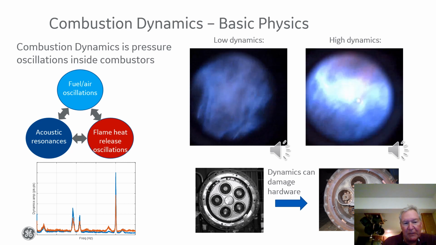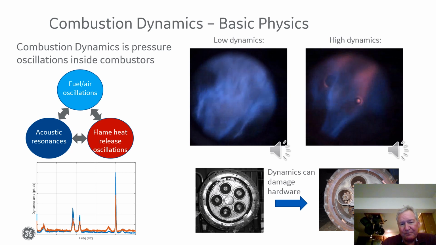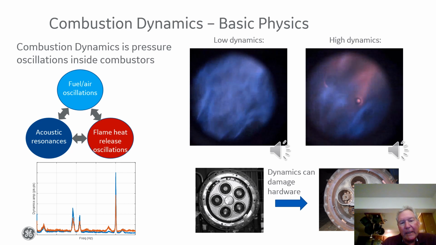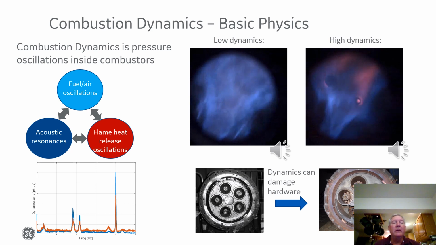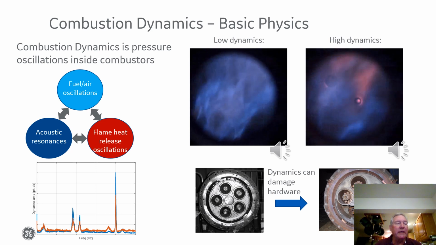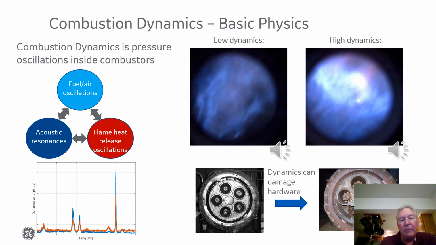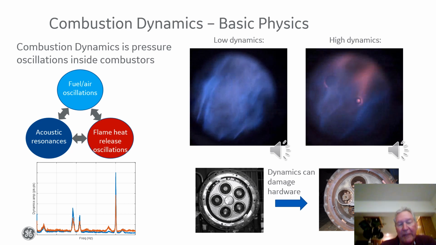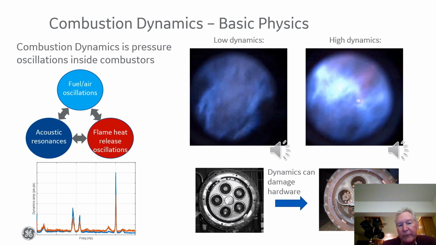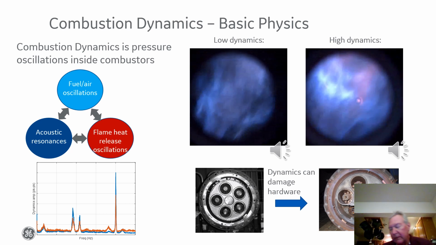But this is fairly typical that acoustic resonances in the system can drive or can be excited and in turn cause fluctuations in the fuel and air flow rates, for example, which then manifest in flame heat release oscillations. And the end result can be quite dramatic and detrimental.